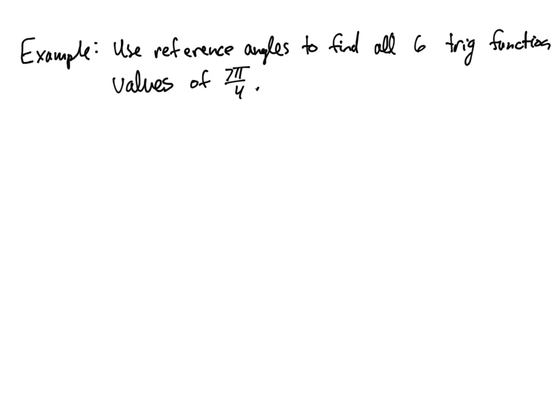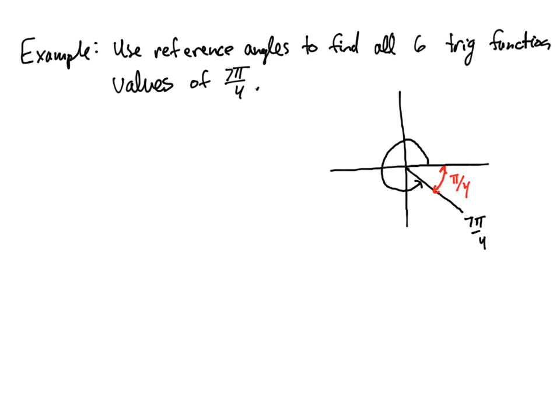All right, this example is pretty similar to the last one. In this case, the angle we're talking about is 7 pi over 4. So let's find the reference angle. 7 pi over 4 is down here. It would be this angle. So the reference angle is going to be this angle right here, which is pi over 4.